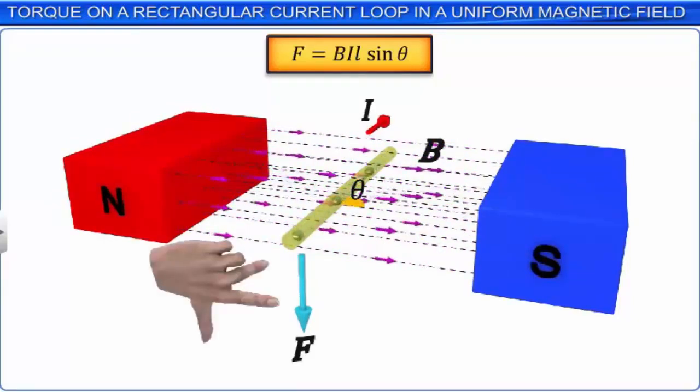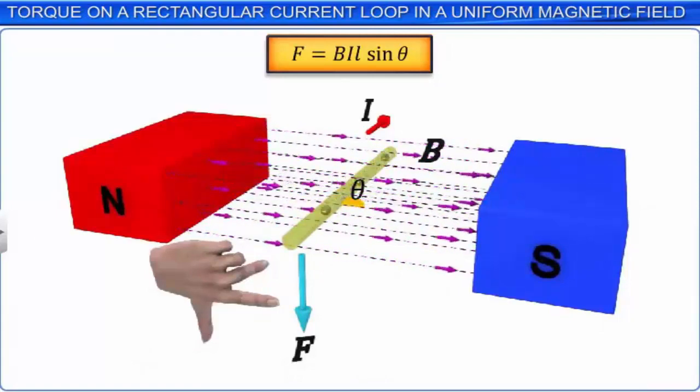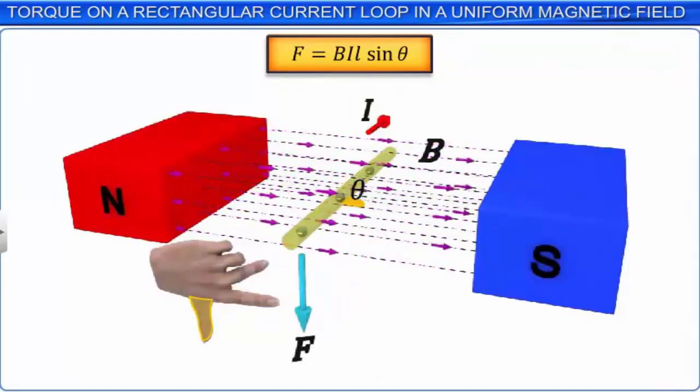The direction of the force acting on the conductor can be determined by using Fleming's left-hand rule. According to the rule, when we stretch the thumb, the index finger and the middle finger on the left hand in 3 mutually perpendicular directions, if the middle finger indicates the direction of current in the conductor, the index finger indicates the direction of the uniform external magnetic field. Then, the thumb indicates the direction of the force on the conductor.